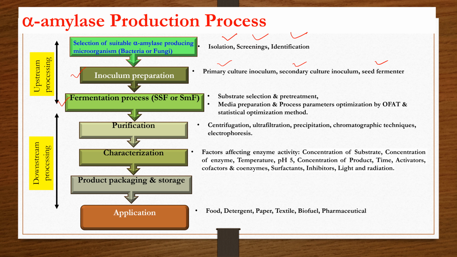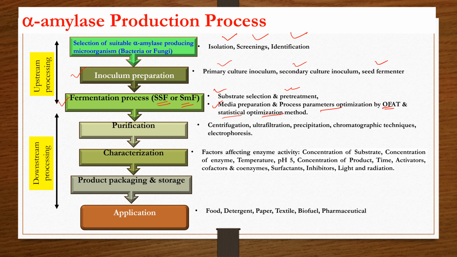After that, the fermentation process is carried out either in SSF condition or SMF condition. So this is the principal method of the production process, where substrate selection and pretreatment is the first step. Then media preparation and process parameter optimization by one factor at a time and statistical optimization method is carried out.